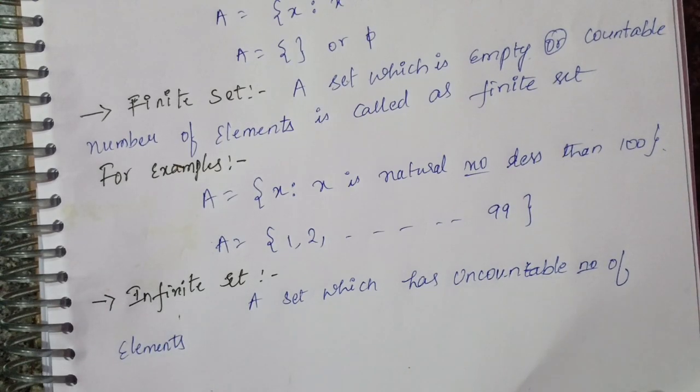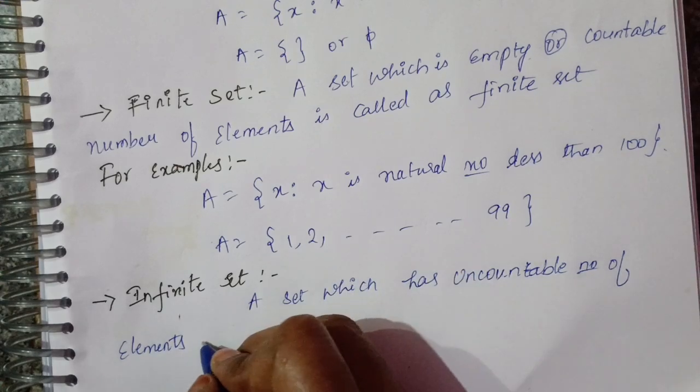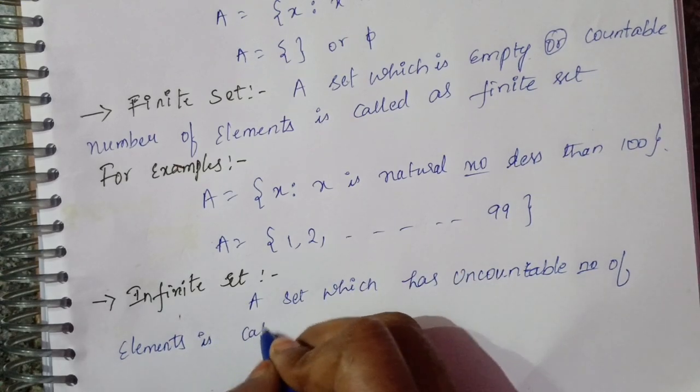A set which has an uncountable number of elements is called an infinite set.